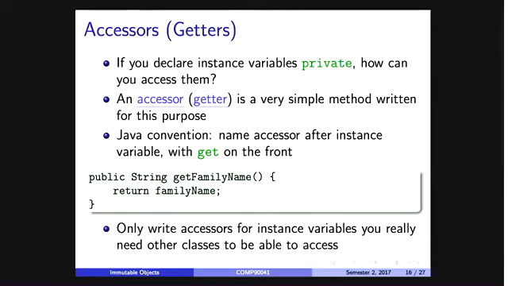The thing is, what it costs you to give access to something, what it costs you is essentially it ties your hands. Once you've done this, public string get first name or get family name, you have to have that method, right? If you decide, oh, maybe we don't want to have a family name. In this case, it's probably not going to happen.